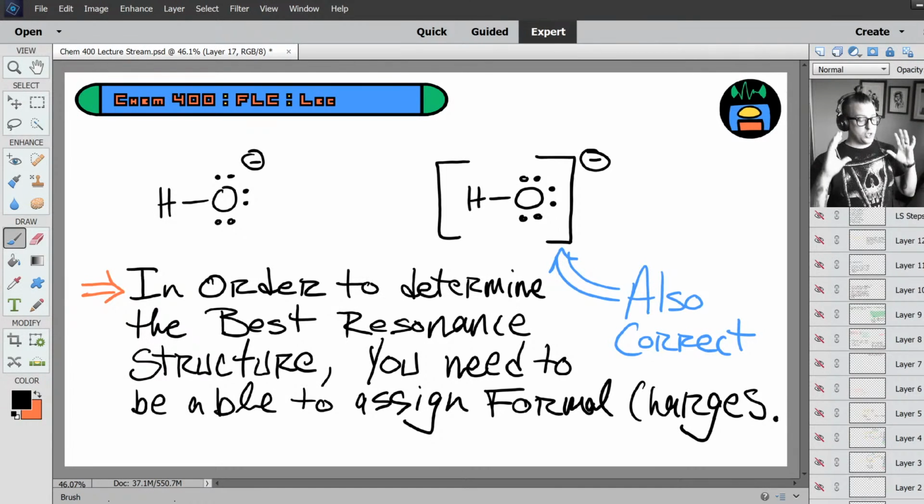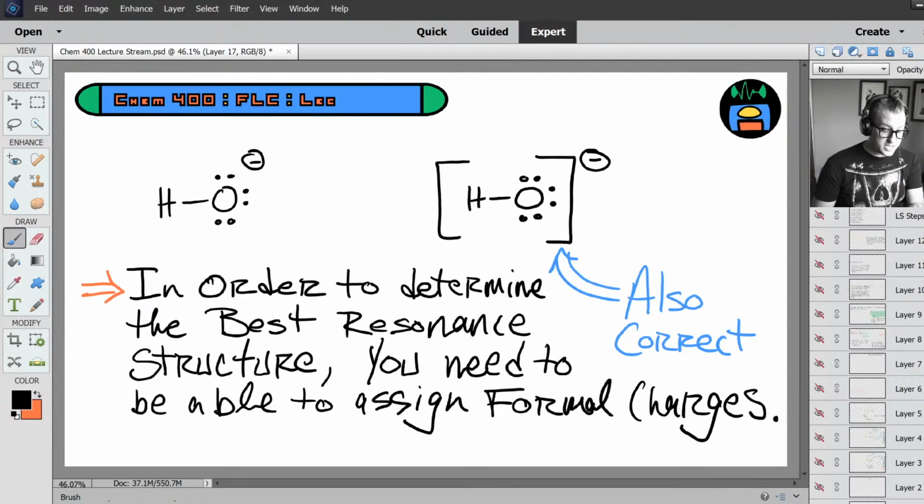So you can totally slap a bracket around it with the charge outside. That's correct, as long as the best resonance structure is inside the bracket. Now, we haven't talked about what that is. We will very soon. But I just wanted to say, oftentimes students hear me after teaching them how to do formal charge, oh, you can just put a bracket around it, and they think, oh, sweet, I don't need to know that. You totally do.